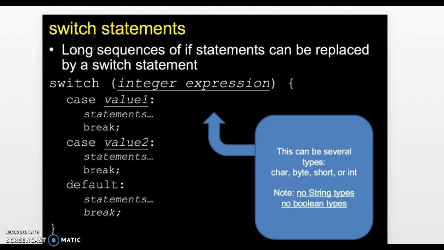Switch statements are long sequences of if statements that can be replaced by a switch statement. So you would say switch and whatever you want to be the variable used throughout each case that's going to be impacted depending on the case.